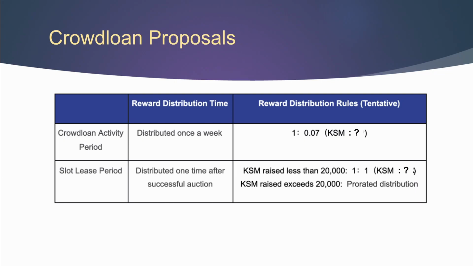And if you have 100 KSM, you get 7 of the native token every week. And if there's a win, for every 1 KSM you contribute, you get 1 of the native token.